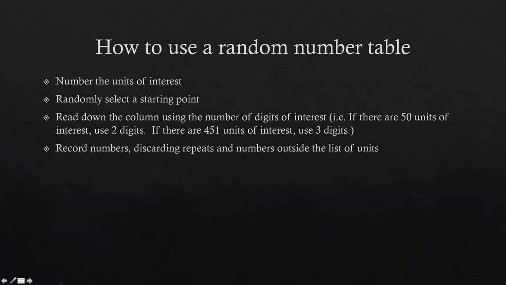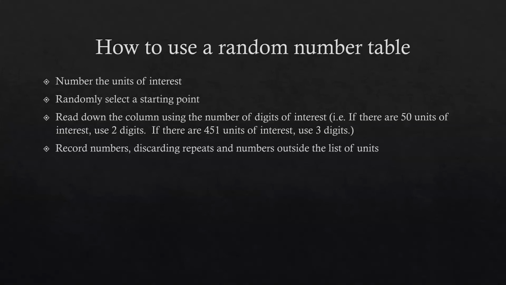Read down the column using the number of digits of interest. So in other words, if there are 50 units of interest, then you're going to use 2 digits. We used 069, so there were 3 digits of interest. For instance, if there are 451 units of interest, we're going to use 3 digits because 451. Record the numbers, discarding repeats and numbers outside the list of units.